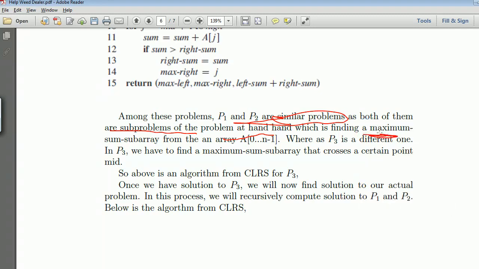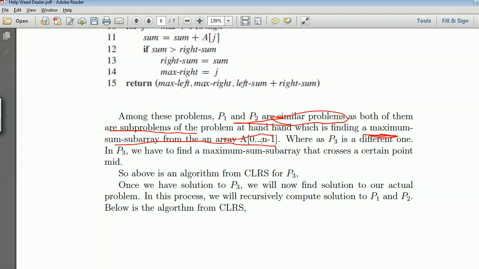So think a bit recursively. Suppose you have an array of length n. Now if I ask you to find a contiguous subarray of A0 to n minus 2, then this is actually a subproblem of your original problem, right? So same thing here. Assume you have the problem of finding the maximum sum subarray of an array A0 to n minus 1.